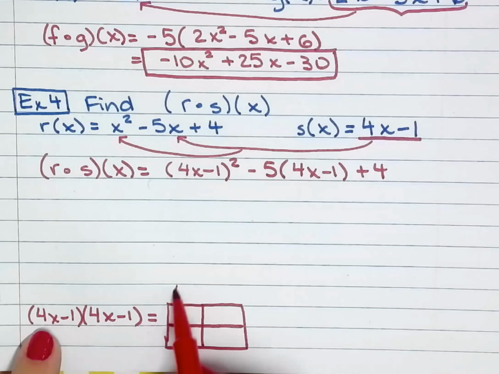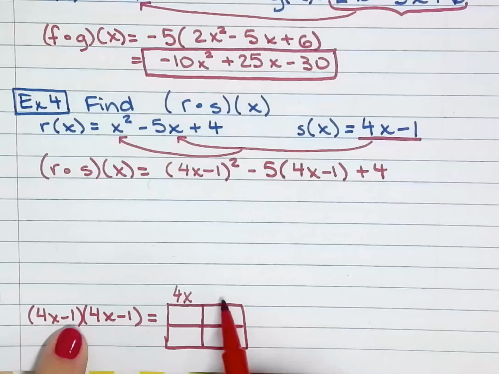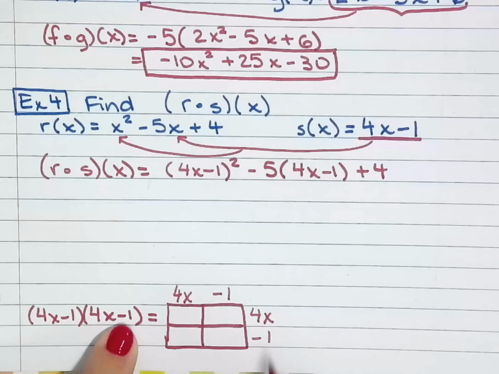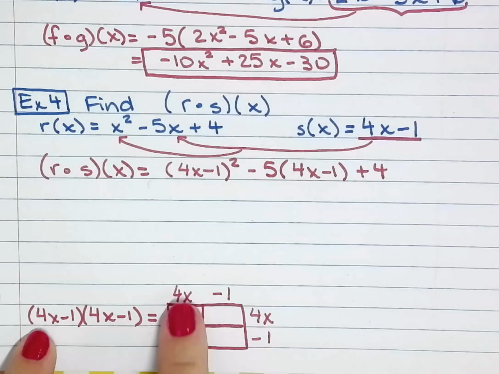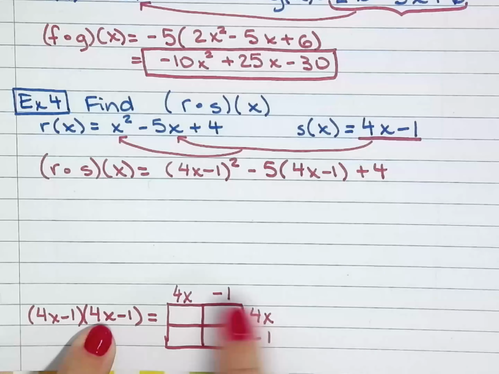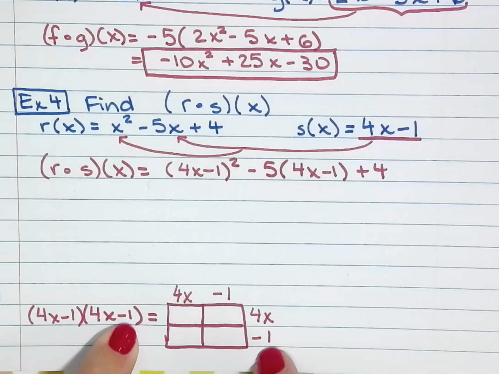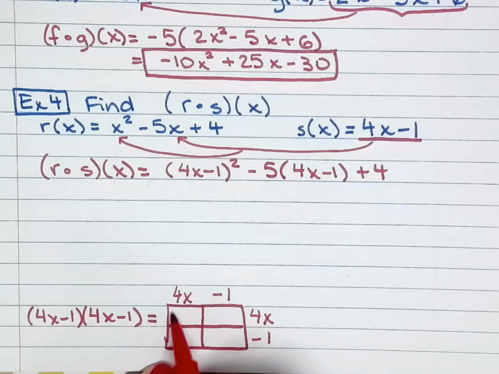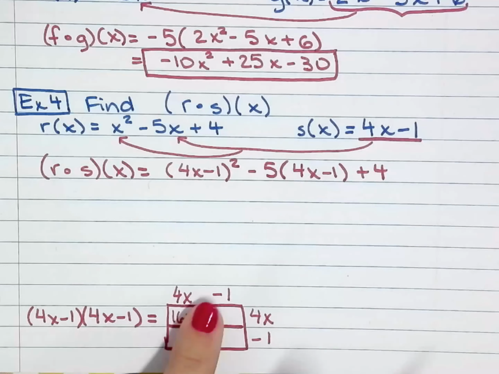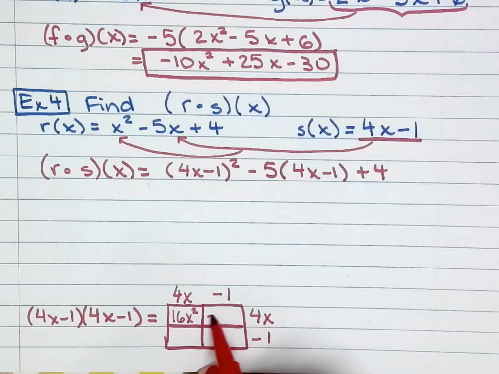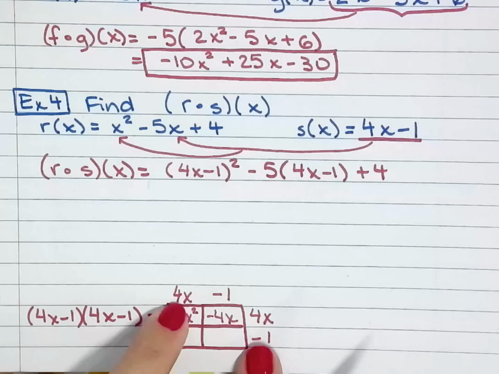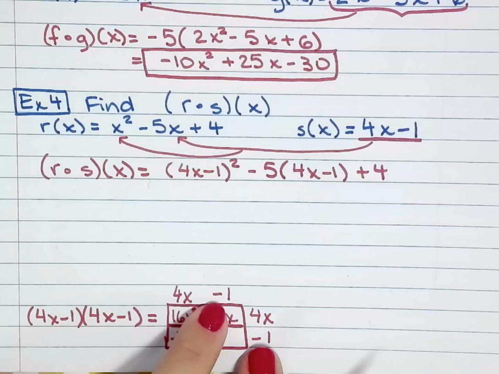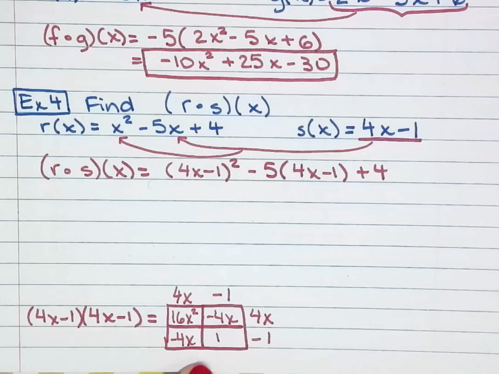So let's do the box right here, just because some of you don't know what that is. And it's a good way for you to keep yourself organized. So binomial, it goes right there. For x, negative 1, and for x, negative 1. Okay? Now you multiply. 4x times 4x is 16x squared. Negative 1 times 4x is negative 4x. 4x times negative 1 is negative 4x. Negative 1 times negative 1 is positive 1.